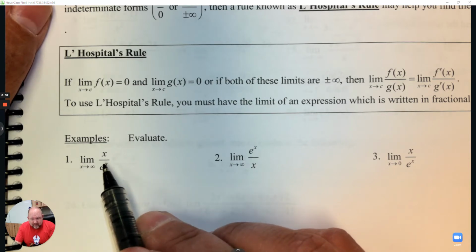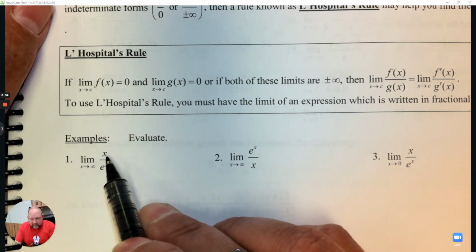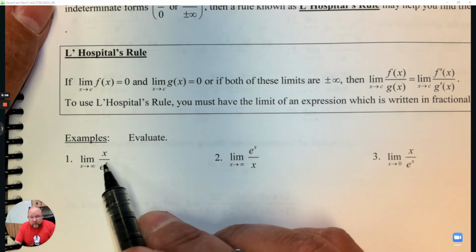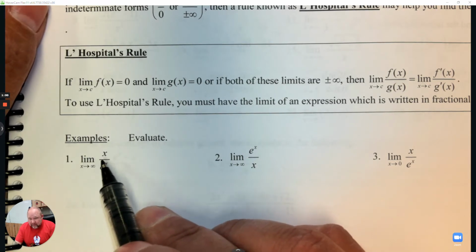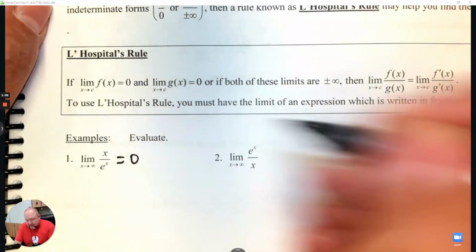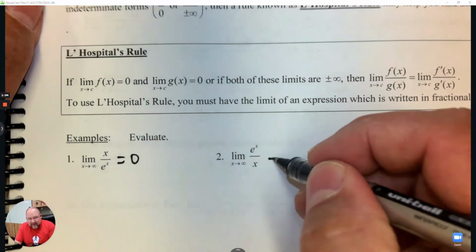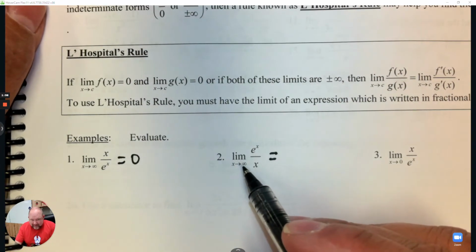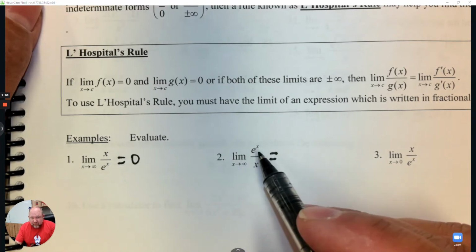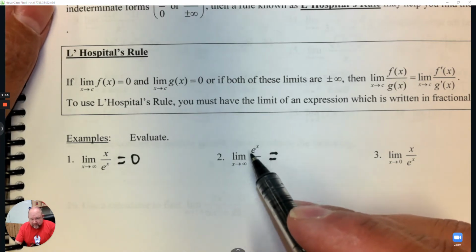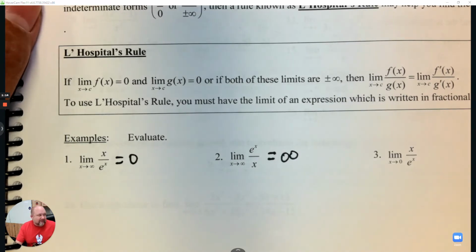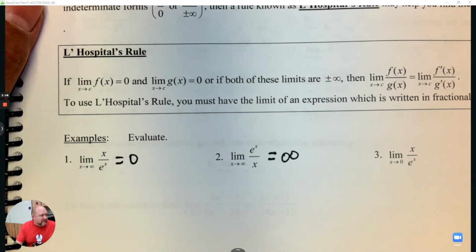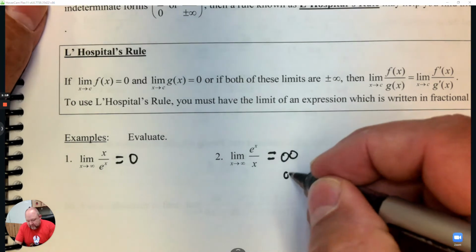If I see the denominator is more powerful than the numerator, as I put in 100, 1,000, 1 billion, the denominator is clearly increasing faster than the numerator. That answer is 0. If it's the other way, again, this works for the right-hand behavior, if the numerator is going to infinity faster than the denominator, this one's going to infinity. Or you can say this doesn't exist.